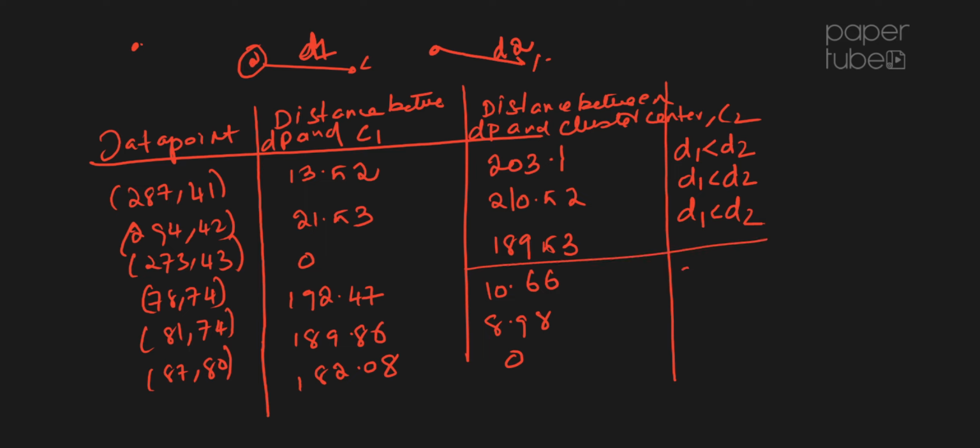And for the last three, we see D1 is larger than D2. So what it means is, all these three data points are closer to cluster center C1. So I'm going to call the first three data points category 1.